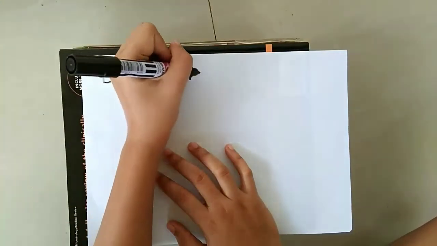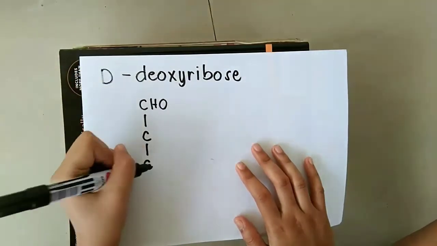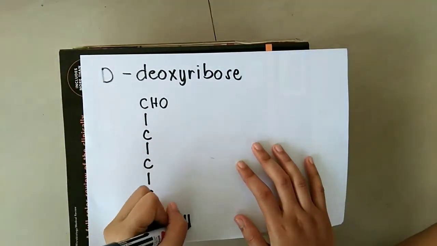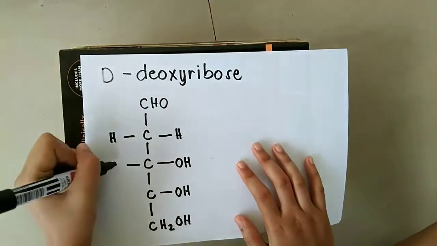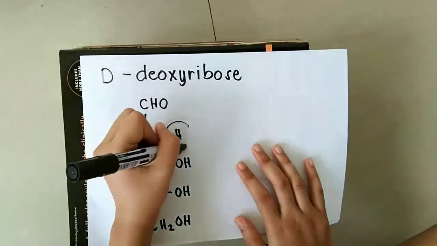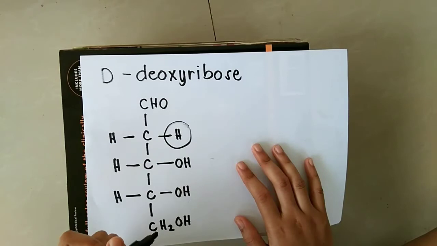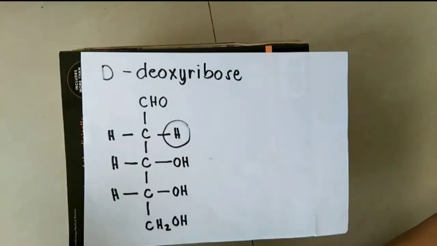Another molecular structure under the monosaccharides next to ribose is deoxyribose. Deoxyribose is related to ribose, and actually this deoxyribose is not a saccharide, because as you can see, it is missing an oxygen. The oxygen in number 2 is missing.